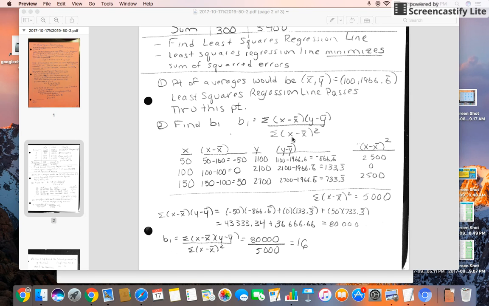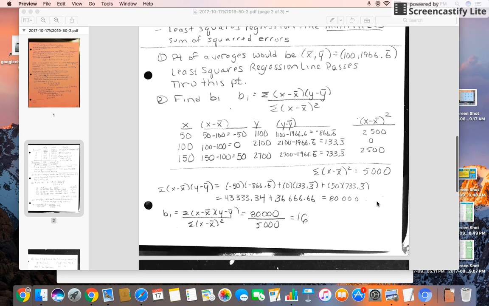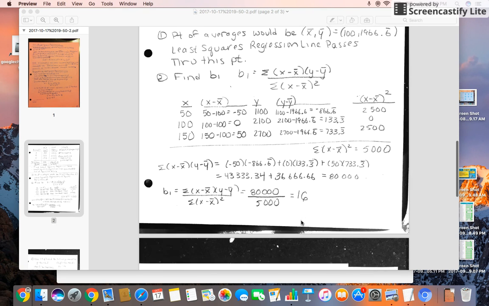In the denominator, it's the sum of all the x minus x bar squared. So I take this and I square it, this and I square it, this and I square it, and then I have to take the sum, add them up. So if I add up this column, I get 5,000. So B1 is going to be 80,000 over 5,000, and that's 16.